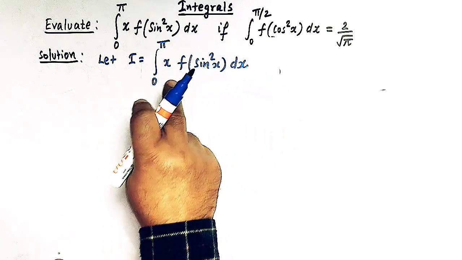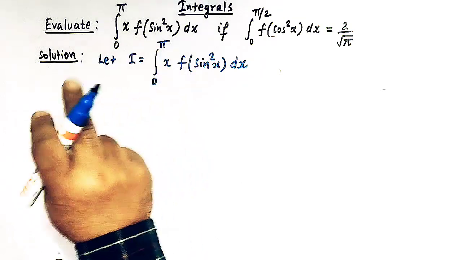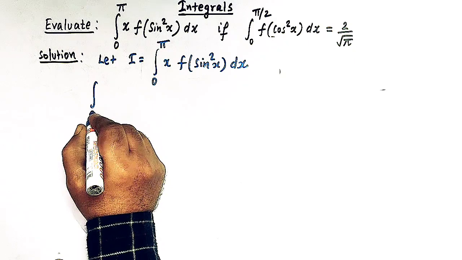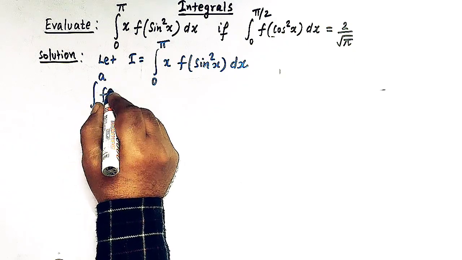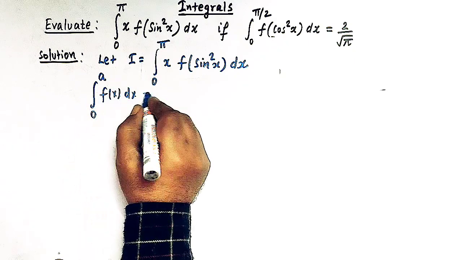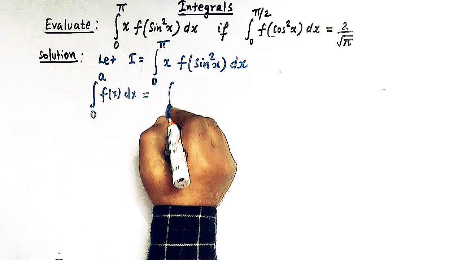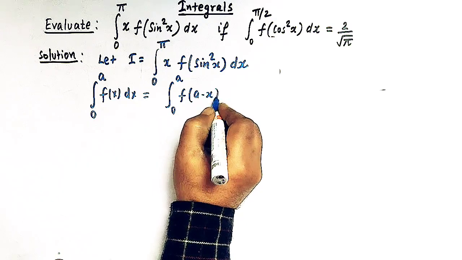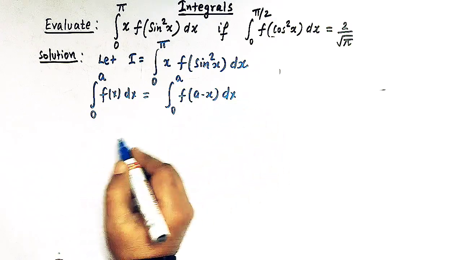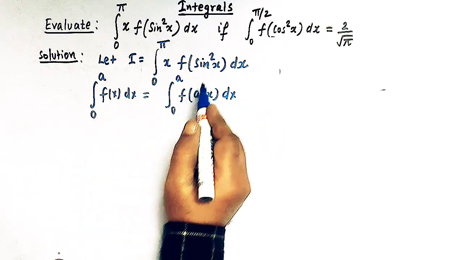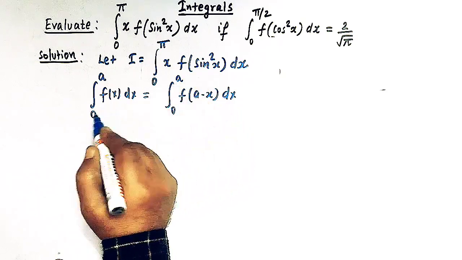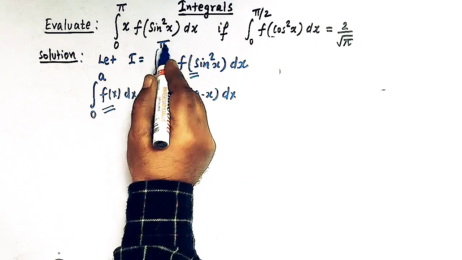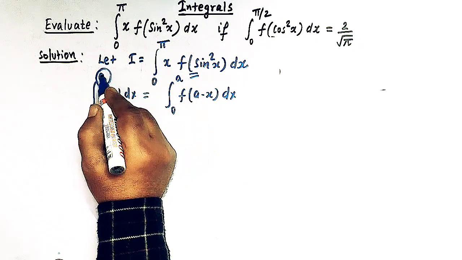Now let us make use of the property of definite integrals, which goes like this. If we have the integral 0 to a and f of x dx, then the value of this integral is equal to 0 to a and f of a minus x dx, right? So let us apply this property to this integral. So if we compare this integral with this one, then here we have 0 to pi and here we have a, right?